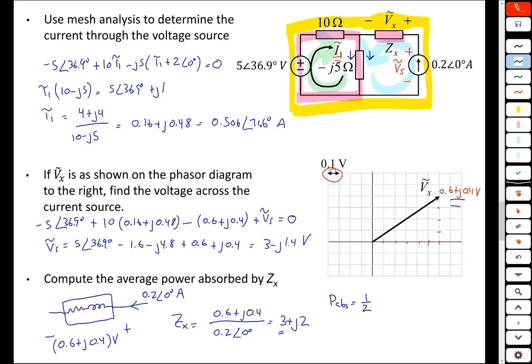Because we're not working with RMS values here. 1/2 times the current magnitude, we already determined that the current magnitude was 0.2, squared, times the real part of the impedance, or 3, and we get 0.06 watts. We could have also found the power from using the power equation and this voltage and this current.